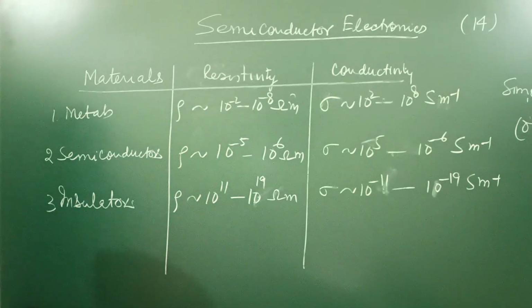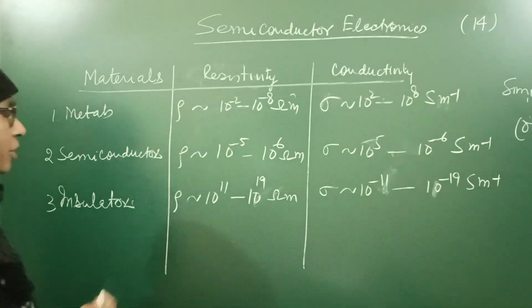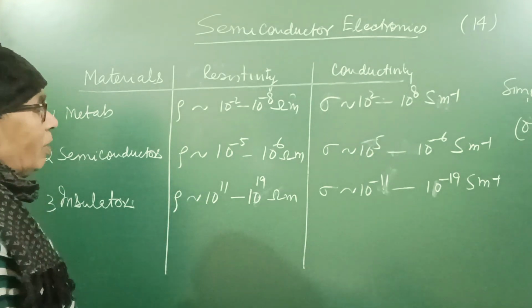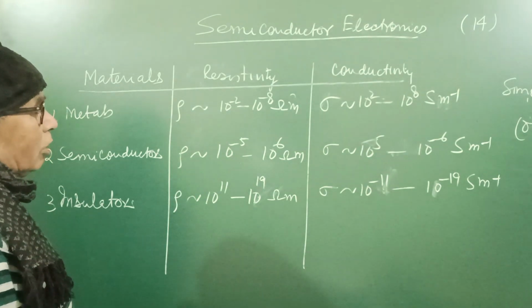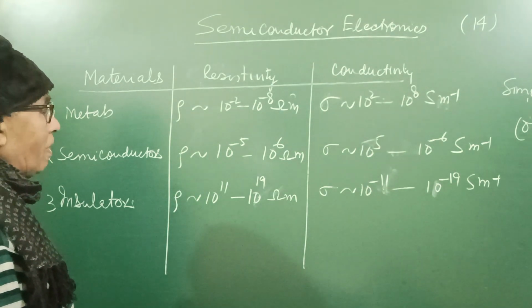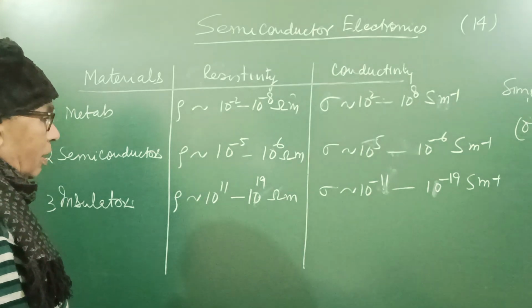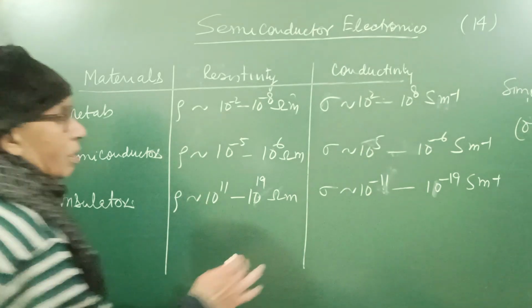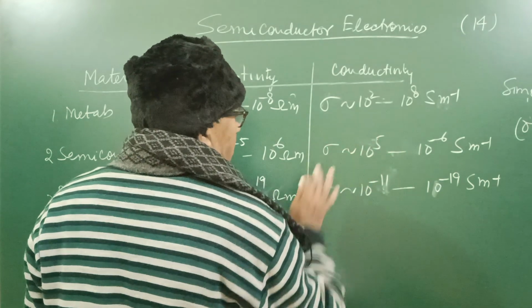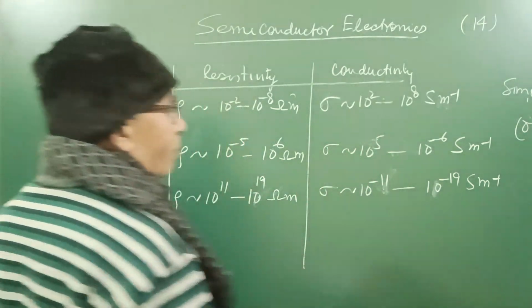Semiconductor: semi means half. Semi मतलब होता है half. Semiconductors, आधे कंडक्टर. Resistivity 10 to the power minus 5 to 10 to the power 6 ohm meter. Their conductivity is 10 to the power 5 to 10 to the power minus 6 Siemens per meter.